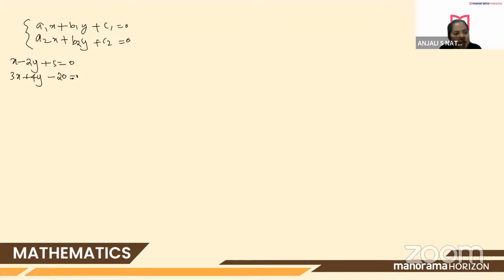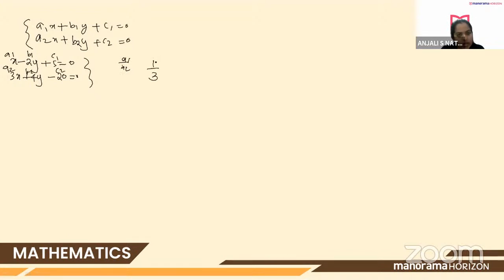So we have a pair of linear equations, and we have to find the relation between the coefficients. In the first equation, this is a1, this is b1, and this is c1. Here it is a2, b2, and c2. What is a1 by a2 here? That is 1 by 3.